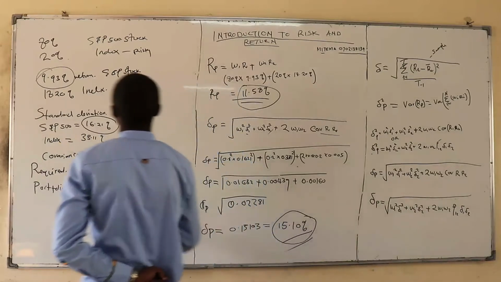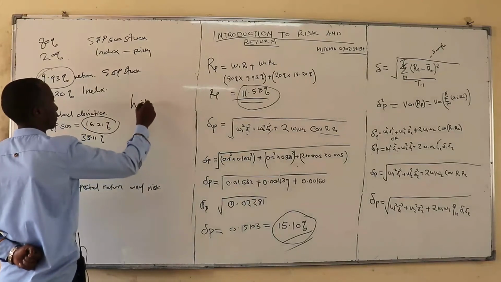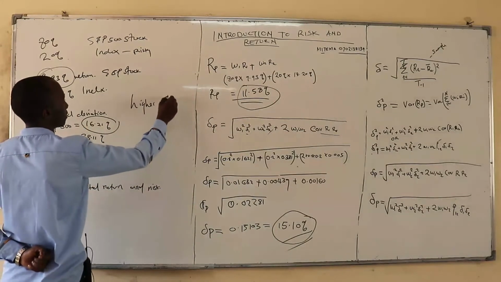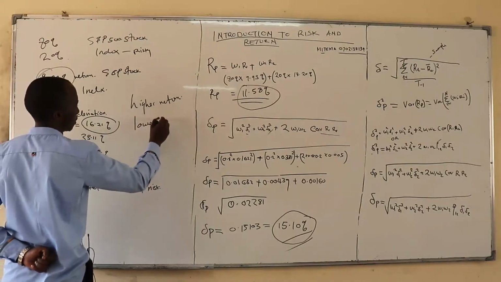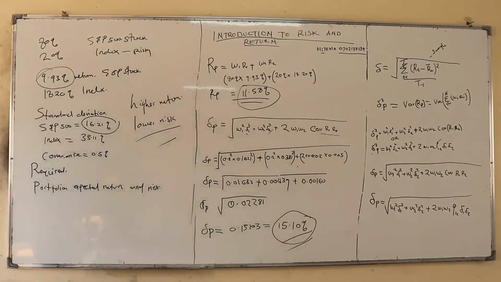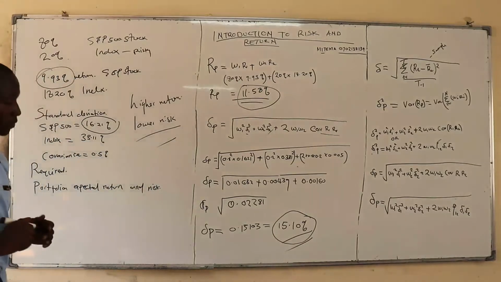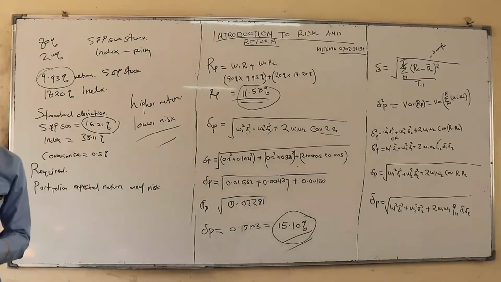So the investor gets higher returns at a lower risk. But it's not always the same. Sometimes you get higher returns at a very high risk. It is also very possible to get higher return and very high risks.